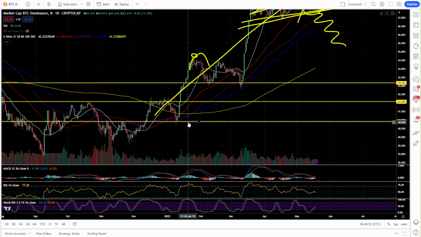But you know how Bitcoin will have a 5% gain, then Ethereum will be up 10%. That's when Bitcoin dominance is going down. When Bitcoin dominance is going up, Bitcoin will outperform 95% of the altcoins. And so we're constantly trying to find the anomalies in the market.